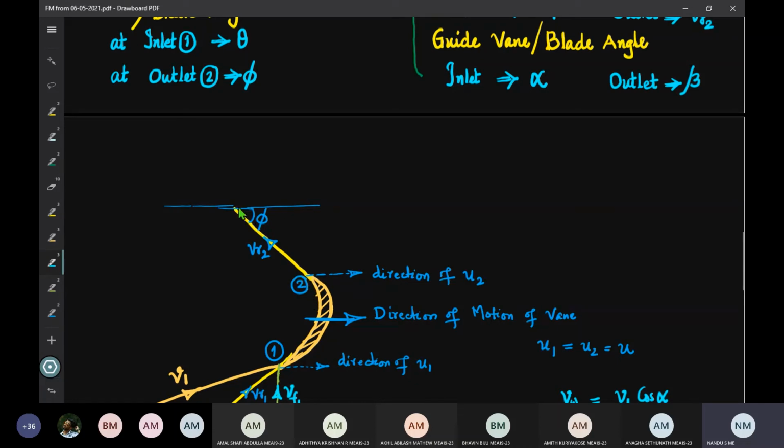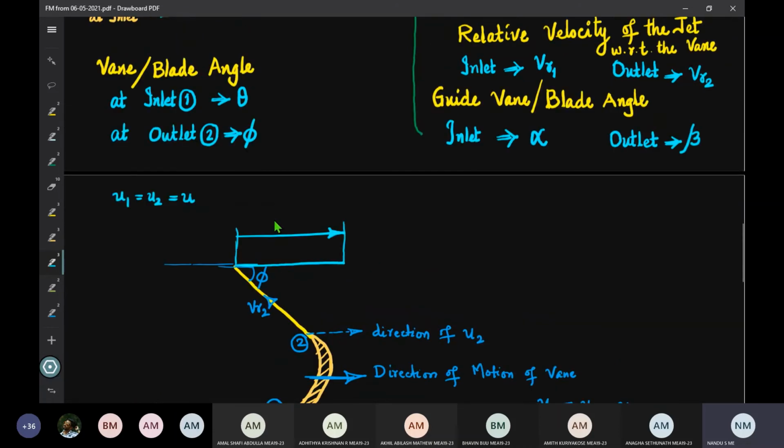Suppose I have marked that magnitude here. This is now U2, which is equal to U1, so U1 is equal to U2 is equal to U. And its closing side will represent the resultant. From the triangle of vector addition, the absolute velocity of the water jet that goes out is the closing side.